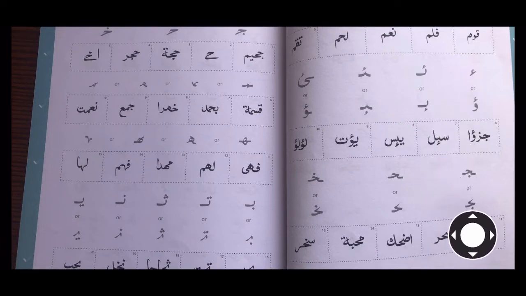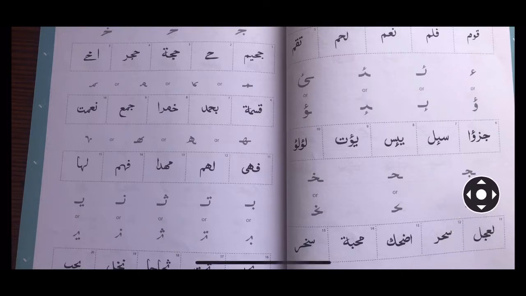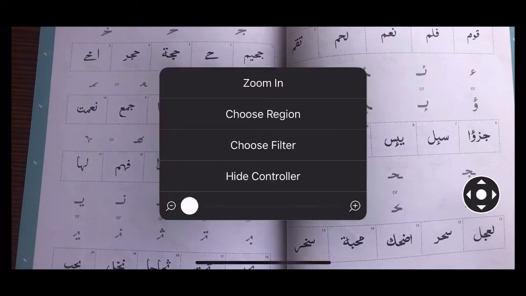So very quickly, going back to the previous page, over here you can see letter Jim. This is a different way of seeing and writing letter Jim when it is coming in the middle of a word, or there is going to be a letter before it and after it, as you can see from the examples below.